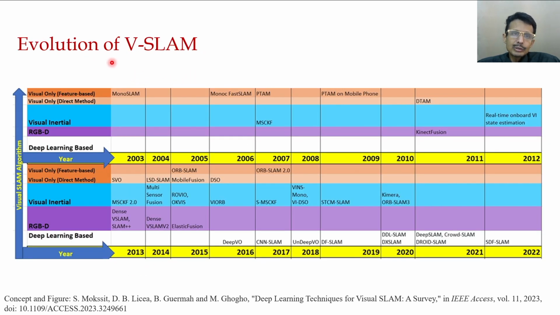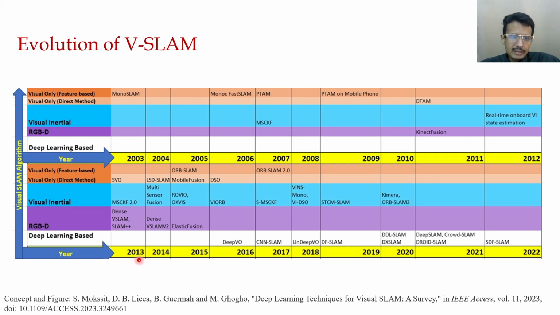Now if we see the evolution of VSLAM, MonoSLAM is considered to be in 2003, and PTAM in 2006, which are basically the very early methods, followed by mobile phones, KinectFusion, and real-time onboard VI state estimation.